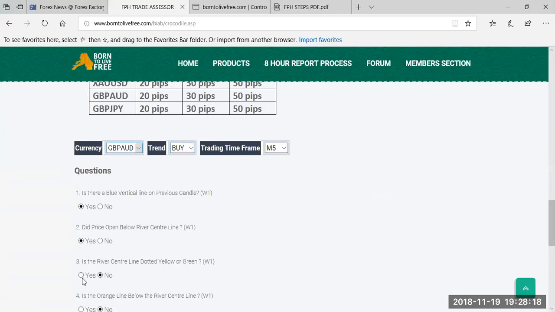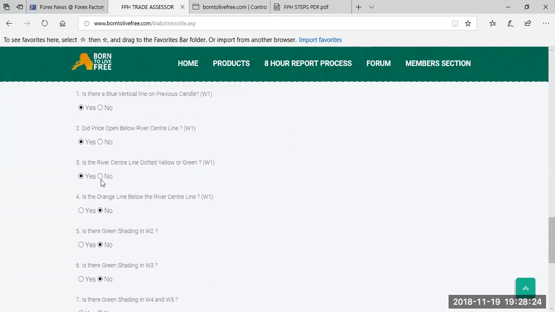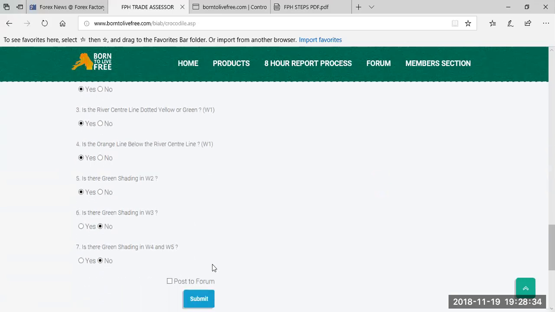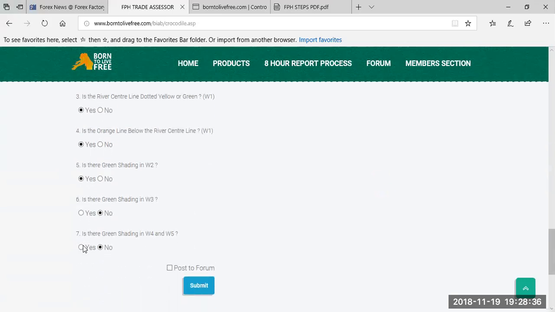Price open below river center line, dotted yellow, orange line below river center line, yes. Shading in window 2, yes. Green shading window 3, no. Shading window 4, 5, yes.